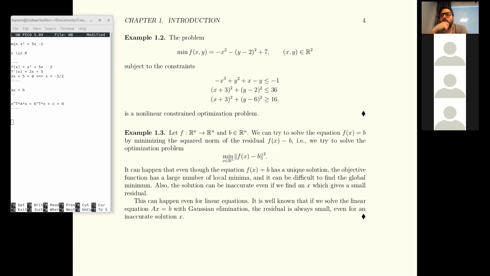One way to solve the equation f of x equals b is to transform it into a minimization problem. We can minimize the squared norm, or even the norm without the square, of the residual. So f of x minus b, we minimize the norm of that, and it turns into an optimization problem.